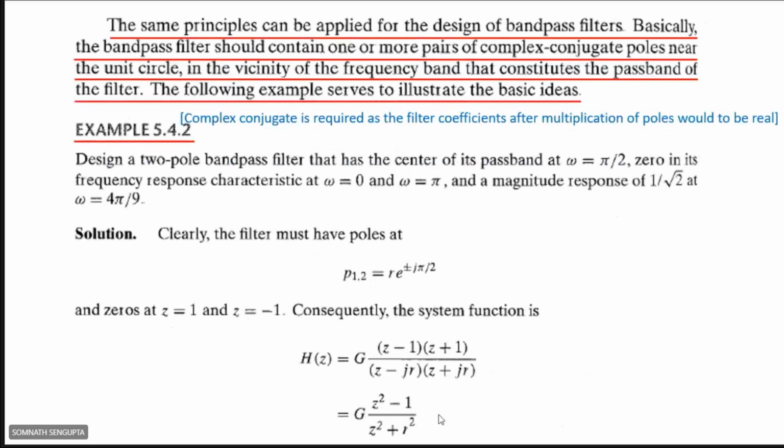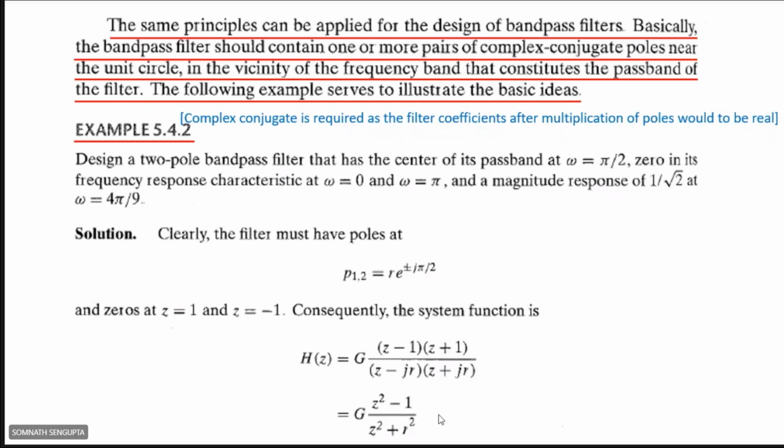There is a range of frequency in which gain is there, and outside that gain is 0. So within pass band, gain is some significant value. So at the two limiting frequencies, gain should be falling or 0.